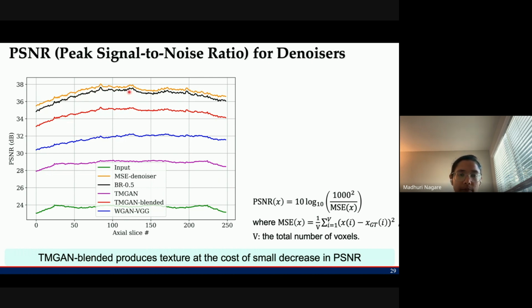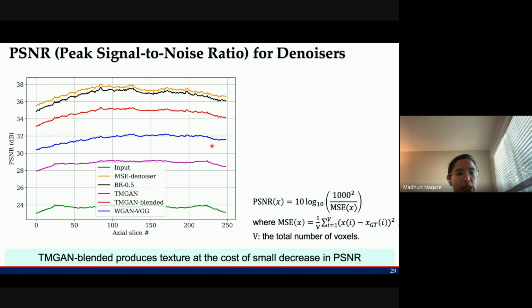Then this Bayes reducing loss function gives slightly less PSNR, but as we saw, it gives more detail. Now, TMGAN preserves more texture. So it is interpreted as noise, and then it gives a very small PSNR value. There is almost an 8 dB drop of PSNR, which might not be acceptable in clinical conditions.